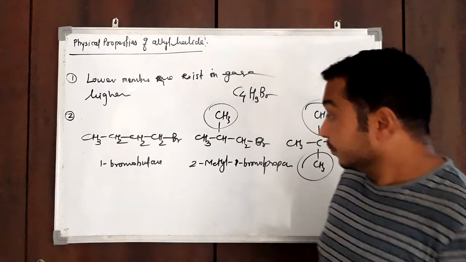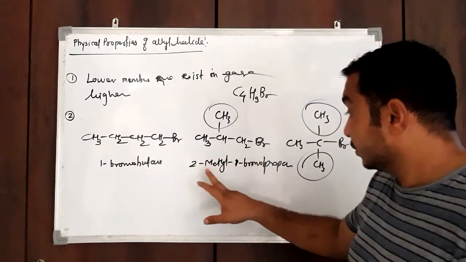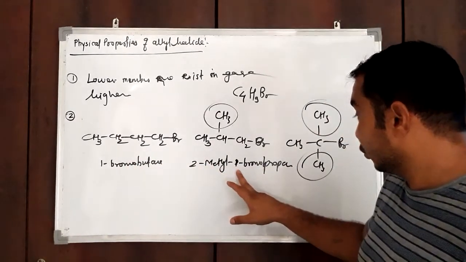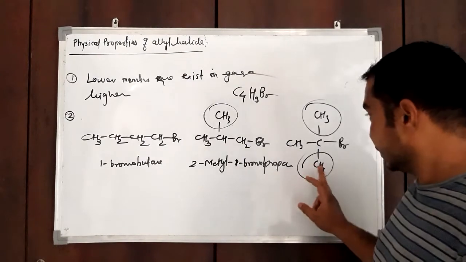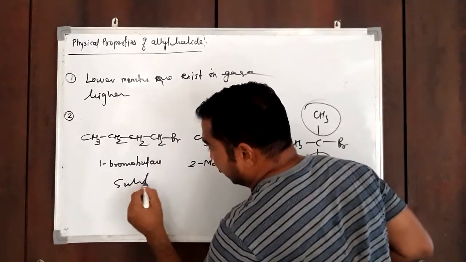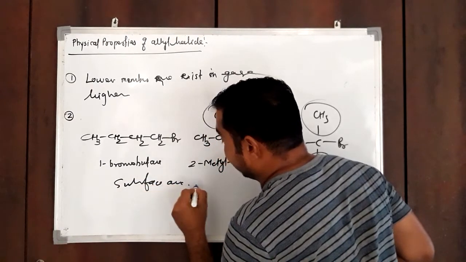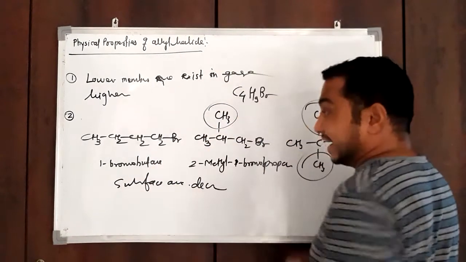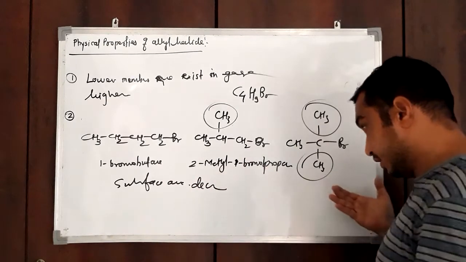So from 1-bromobutane to 2-methyl-1-bromopropane and this tertiary butyl bromide, surface area decreases, right? As the branching increases, surface area decreases.